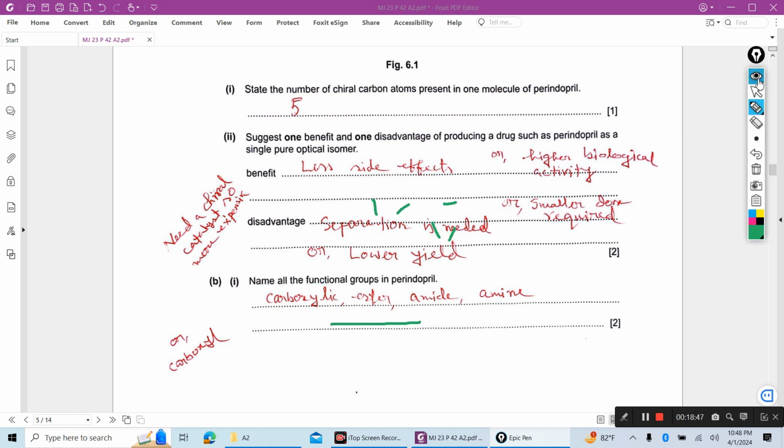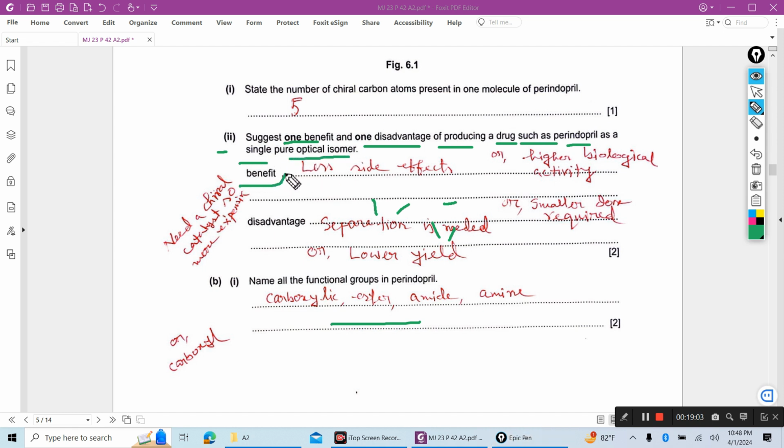Number 2, suggest one benefit and one disadvantage of producing a drug, say perindopril, as a single pure optical isomer.